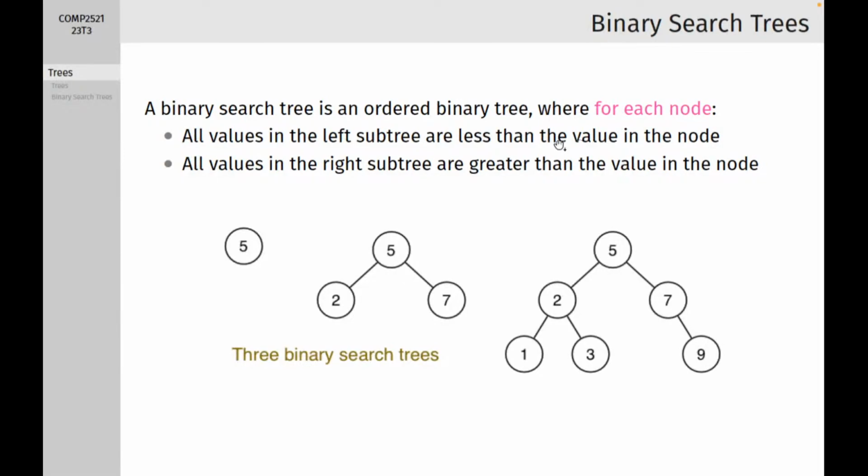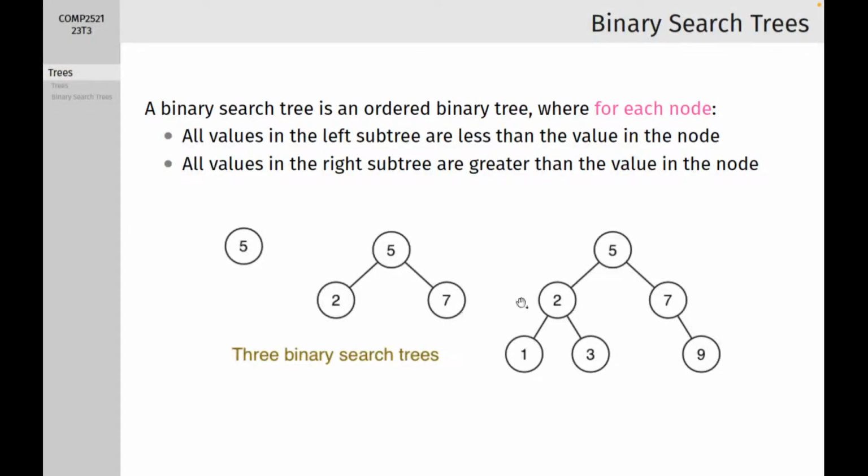This tree in the middle consists of 3 nodes, and we can see that these conditions are true. For this node here, 5, all the values in the left subtree, which is only this value here, are less than the value in the node, and all the values in the right subtree are greater than the value in the node.